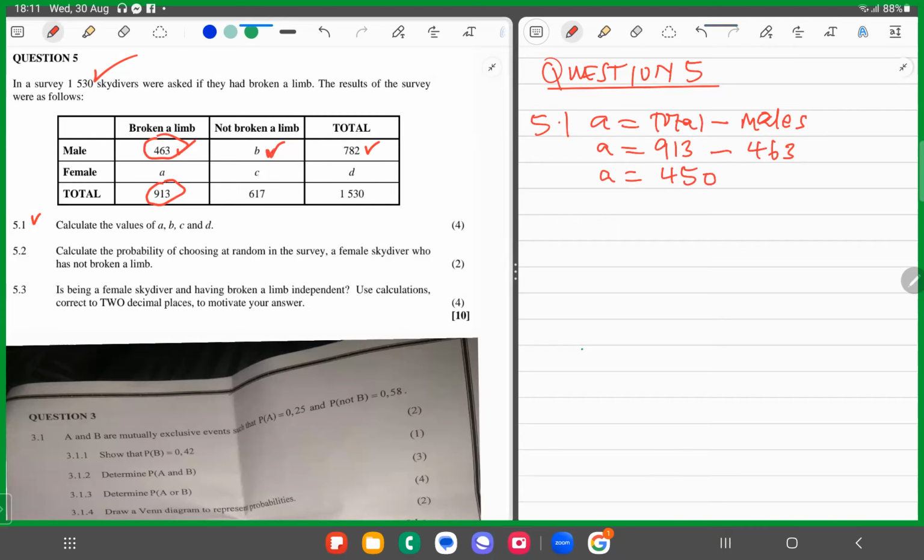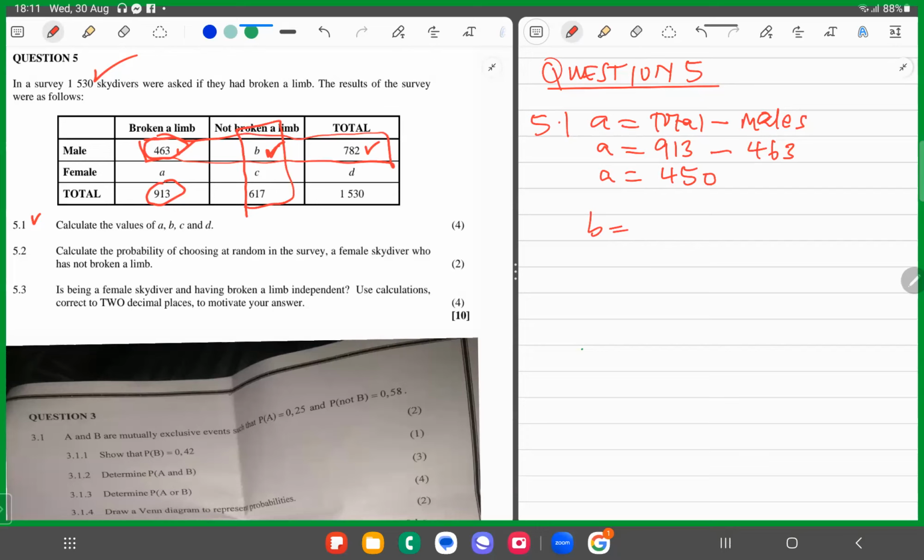We need to find the value of B in this two-way table. B occurs in this row of the males, but it also occurs in the row of the females.